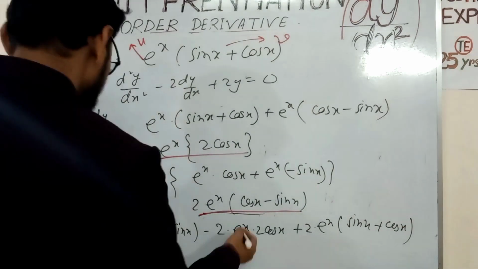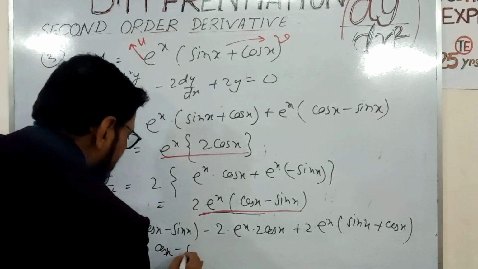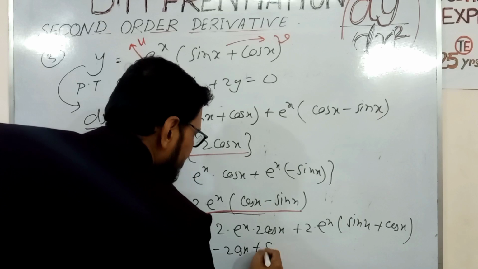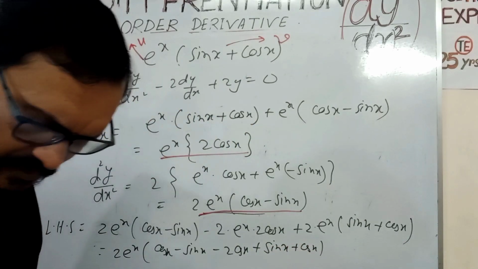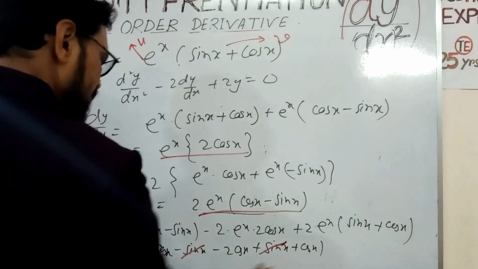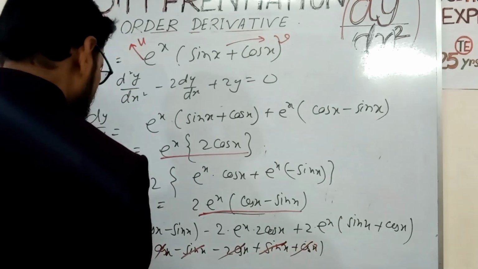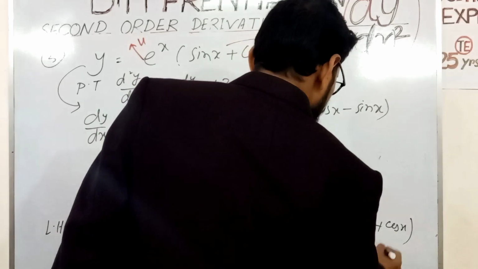So we get cos x minus sin x minus 2 cos x plus sin x plus cos x. Now sin x cancels, the cos x terms cancel, so the total is 0.